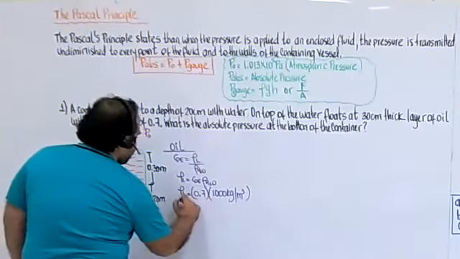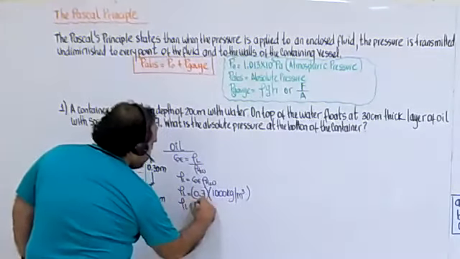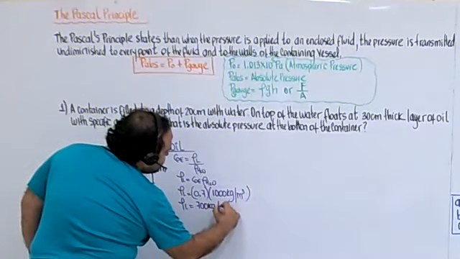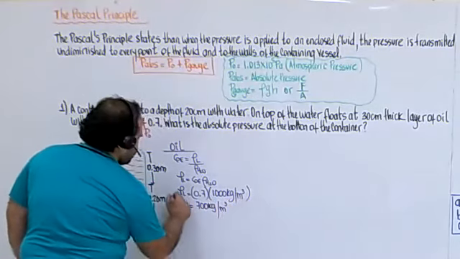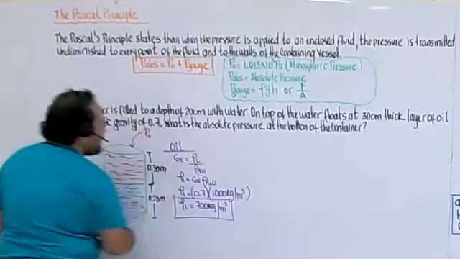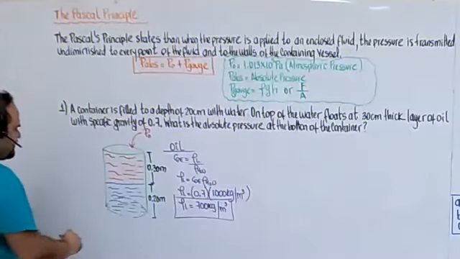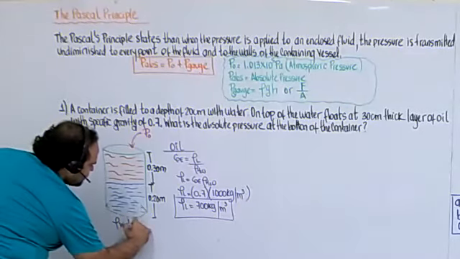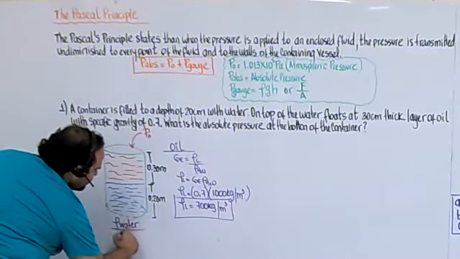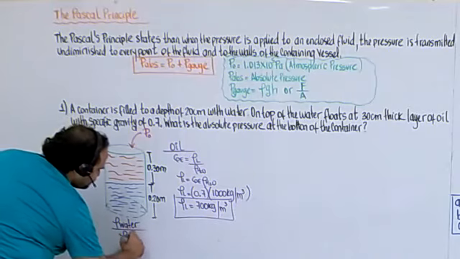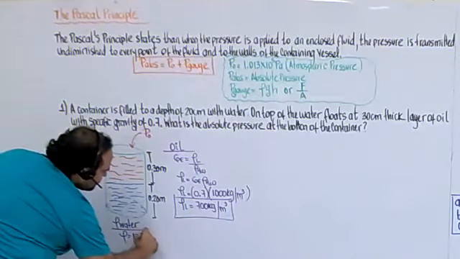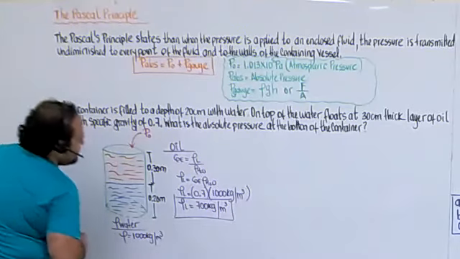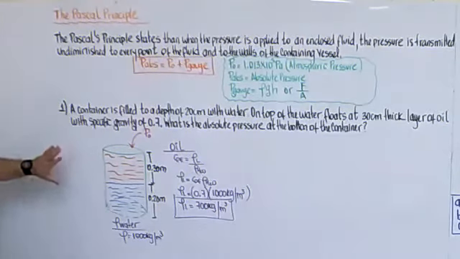So the liquid density in this occasion will be 700 kilograms per cubic meter. And remember, the density of water is a constant value given by 1,000 kilograms per cubic meter.